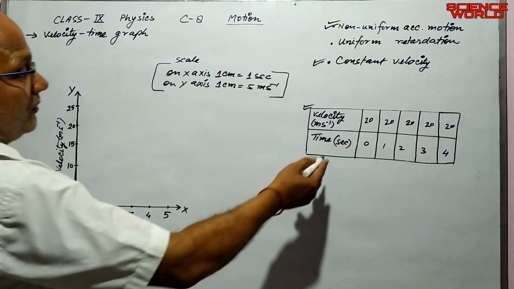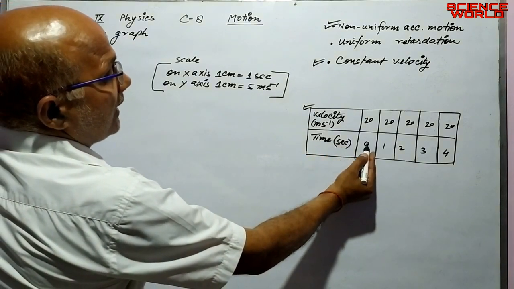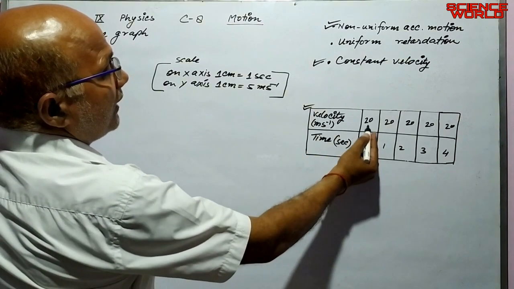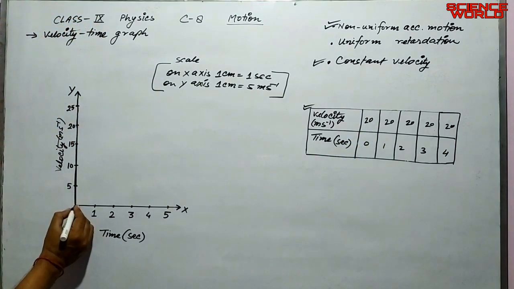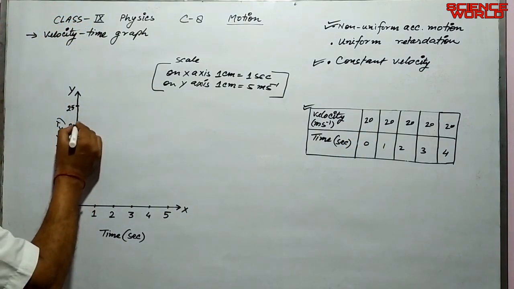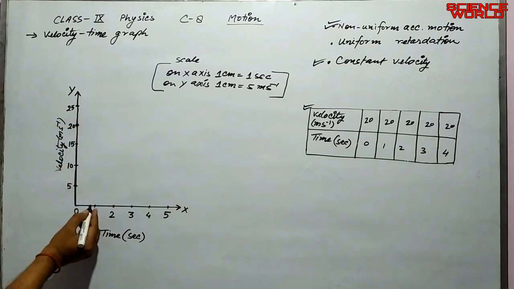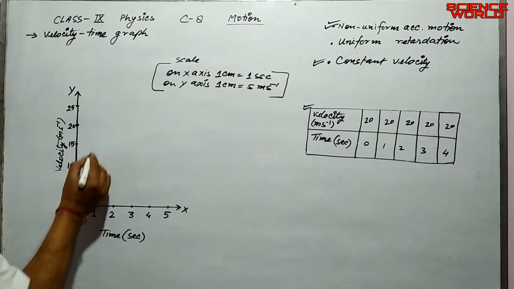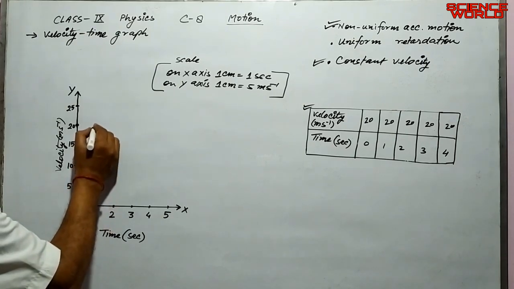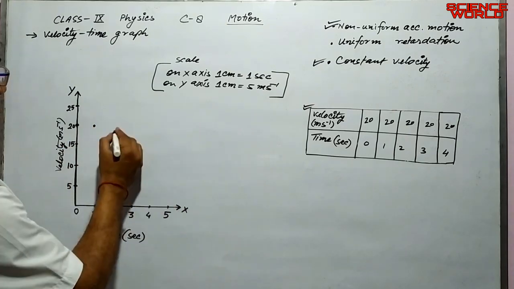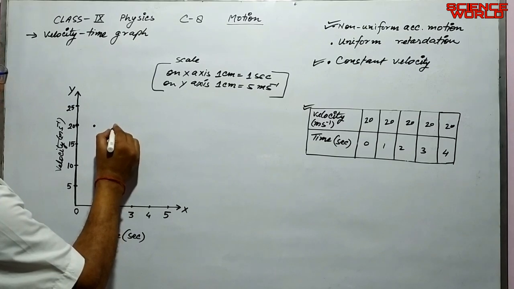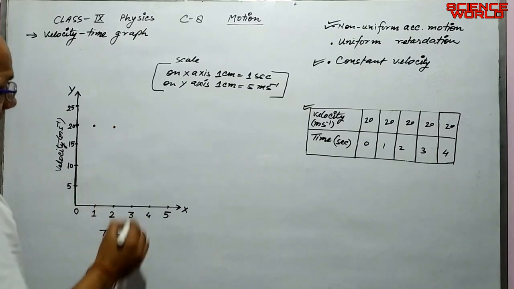Now you can use the data. Time is 0 and velocity is 20 meters per second. When time is 1 second, velocity is 20 meters per second. When time is 2 seconds, again the velocity is 20 meters per second.